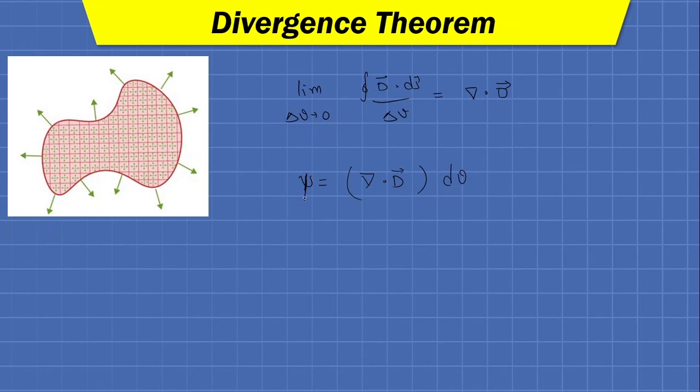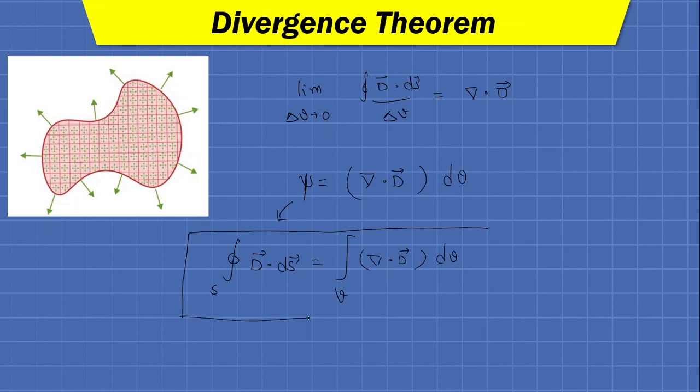Now putting the value of psi from Gauss's law, so psi is nothing but closed surface integration of D bar dot dS bar, and here if we want to have the total volume, then we will have the volume integration of this term in the right hand side. So we will have divergence of D bar with respect to dv. So this is how we can easily prove the divergence theorem.